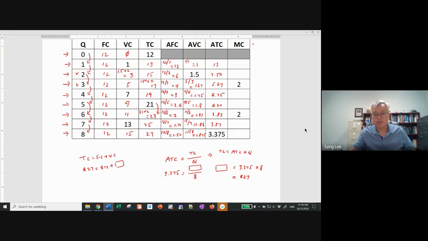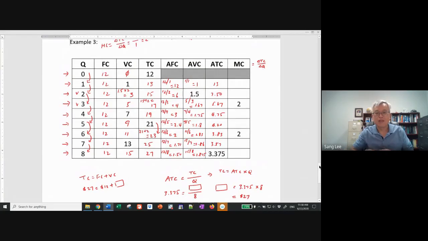So marginal cost is change in total cost divided by change in Q. In this example, it's very easy because a change in quantity is always equal to 1. So the denominator is always 1, and all you need to do is look at the change in total cost. So total cost increased by 1.